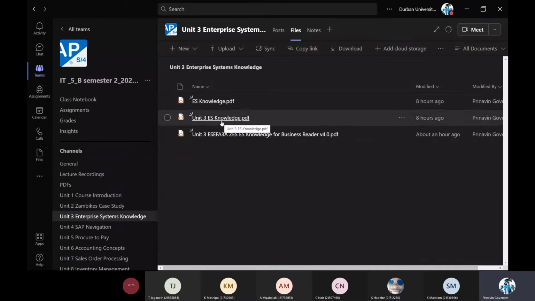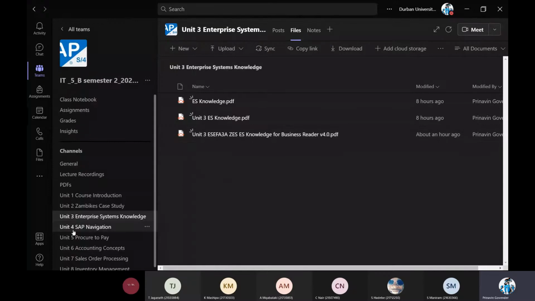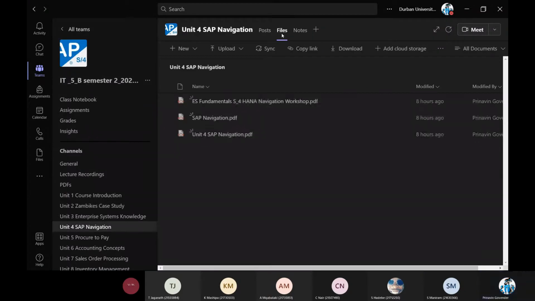The Unit 3, the ES Knowledge for Business Reader, was done about an hour ago. Let's look at Unit 4, the SAP Navigation, which I started with you, the Fundamentals for S/4HANA Navigation Workshop.